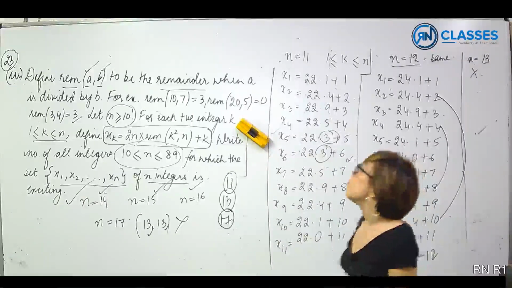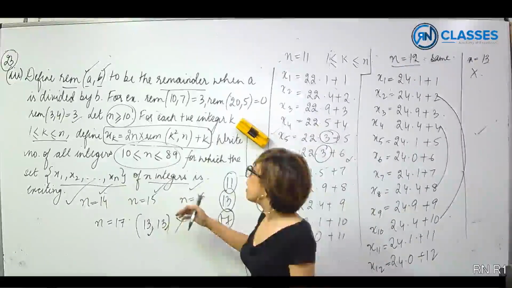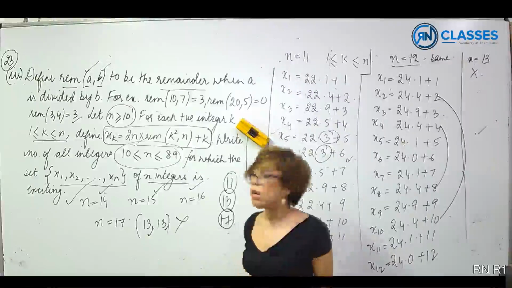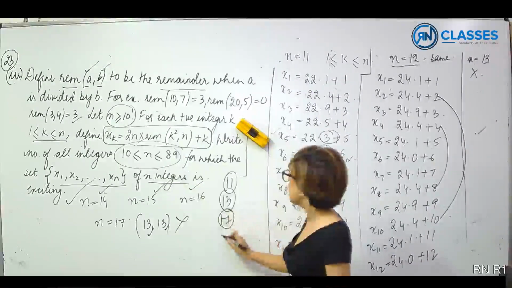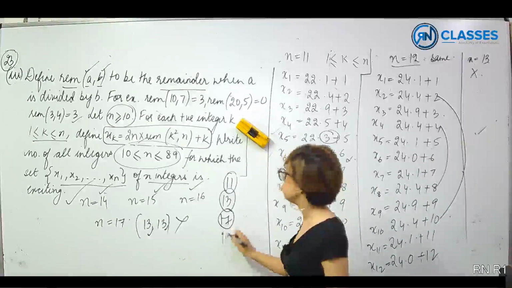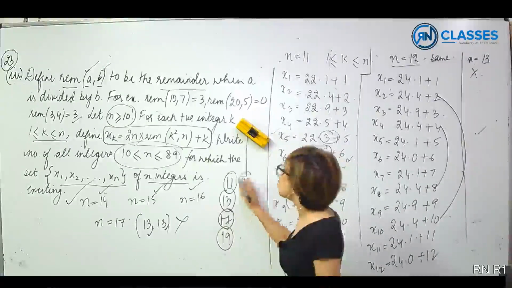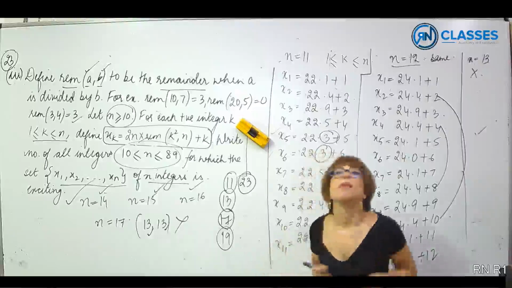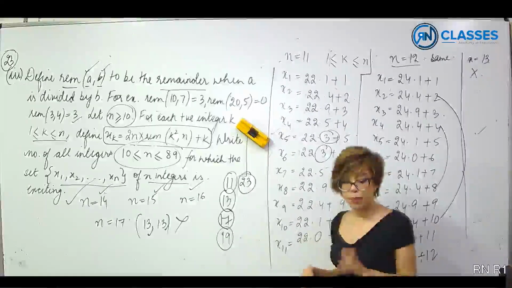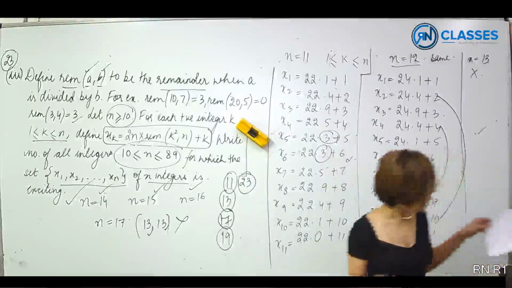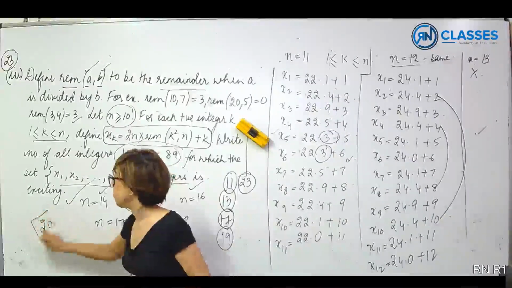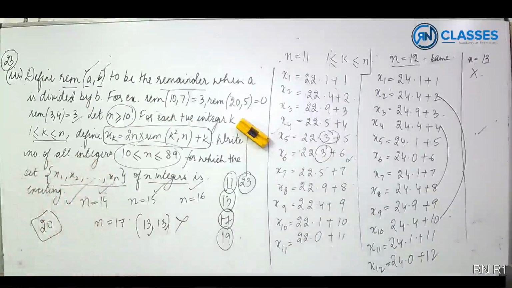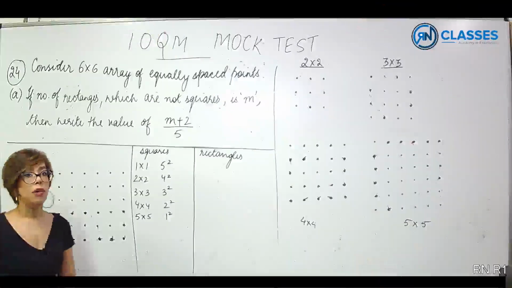Now he says from n varying from 10 to 89, how many exciting subsets would be there? Now we know n is equal to 11 will have 13, 17, and then next one would be 19, then 23. You just need to count how many prime numbers are there till 89, right? And that you obviously can. That is why the answer will turn out to be 20.